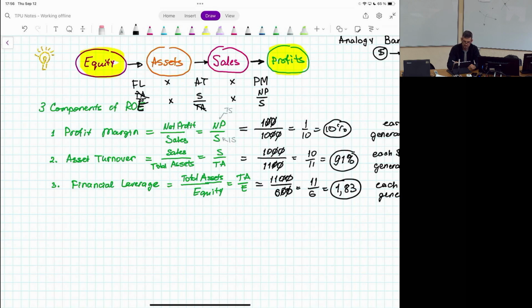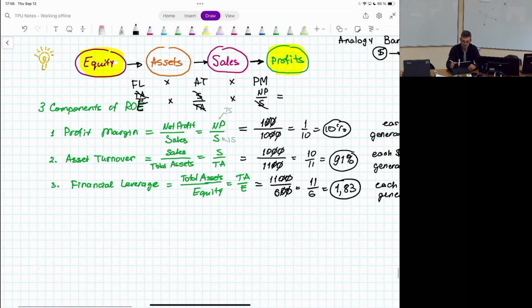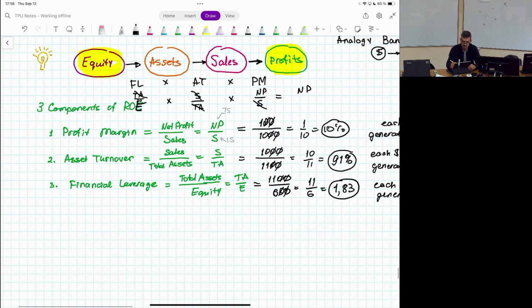Total assets сокращается, sales сокращается, и в итоге получается net profit divided by equity, что и есть наш ROE. И вот в этом сама магия, что все эти три компонента при перемножении как раз дают нам рентабельность собственного капитала.